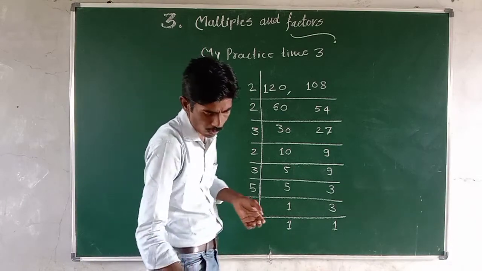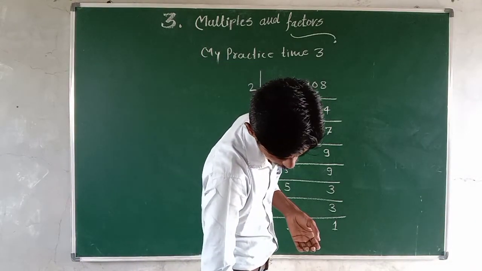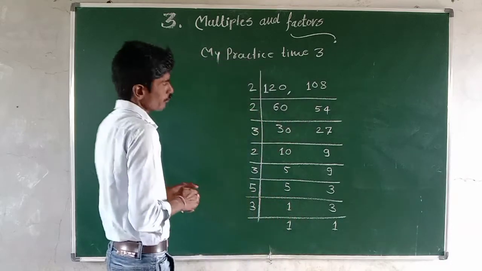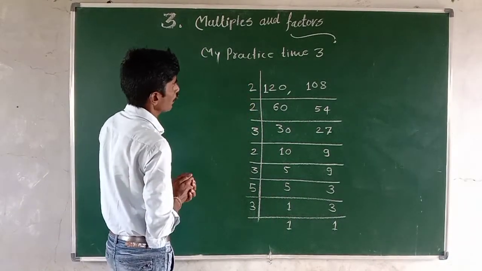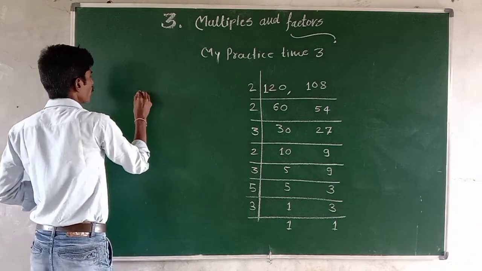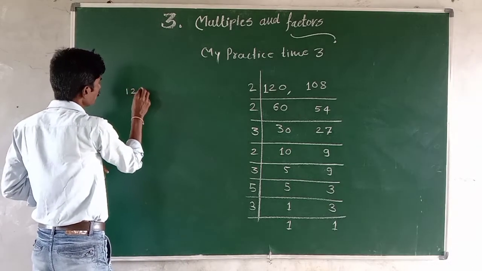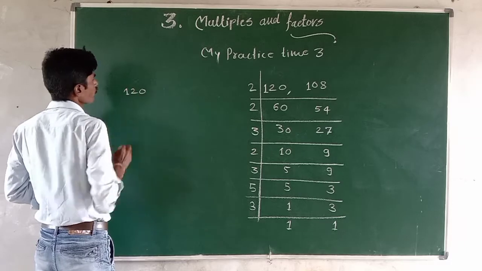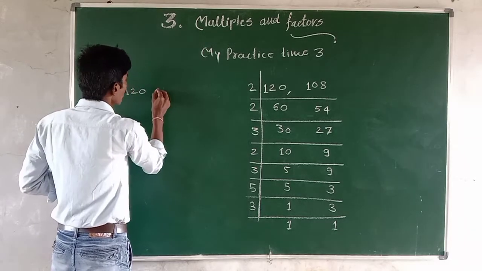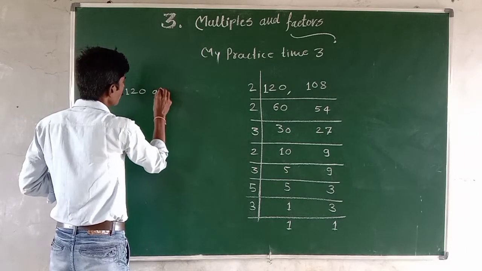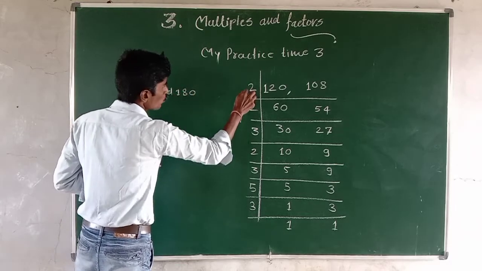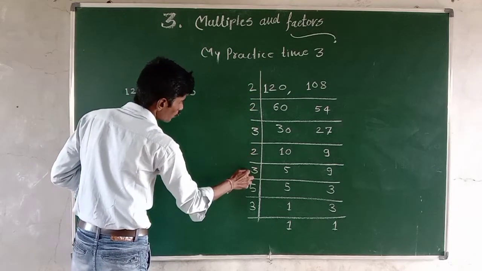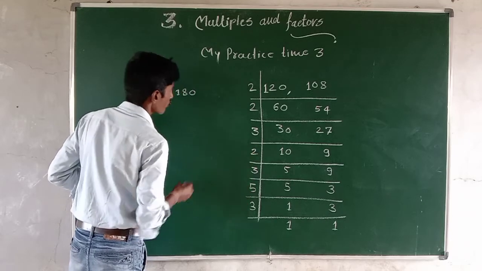So, the factors of this number: 120 and 180. 2 into 2 into 3 into 2 into 3 into 5 into 3.